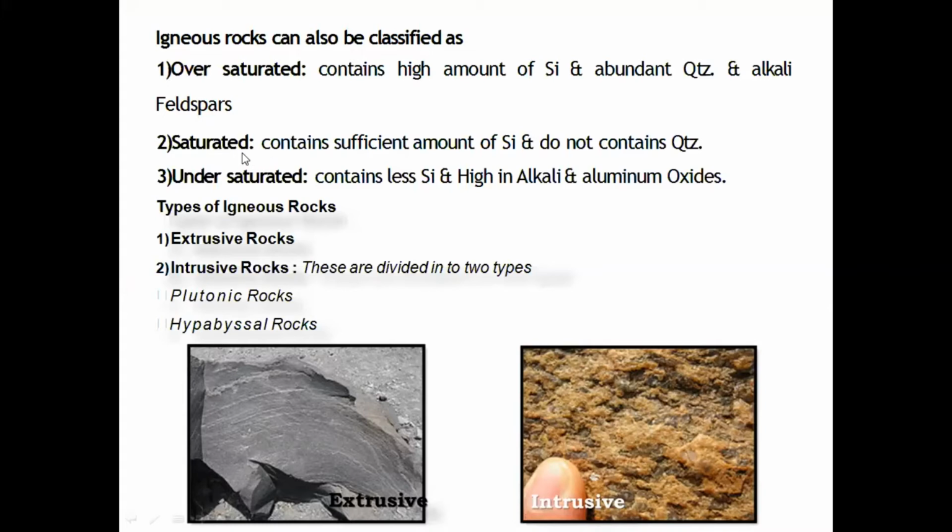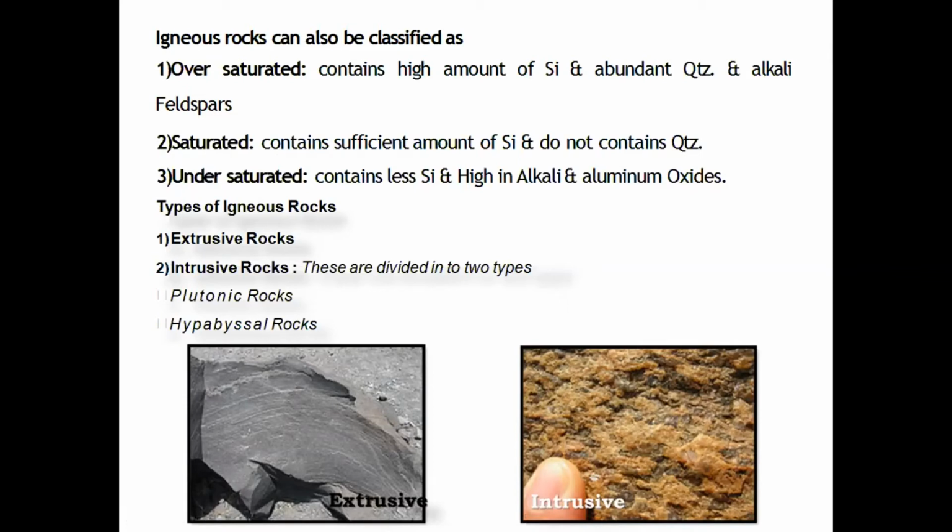Then there is a term called saturated, and normally it contains a sufficient amount of silica and does not contain any quartz. Similarly, we have the undersaturated rocks, containing less silica and high alkali and aluminum oxides. These are some of the rocks that are sometimes very important economically, and you need to remember the different terminology that is associated.